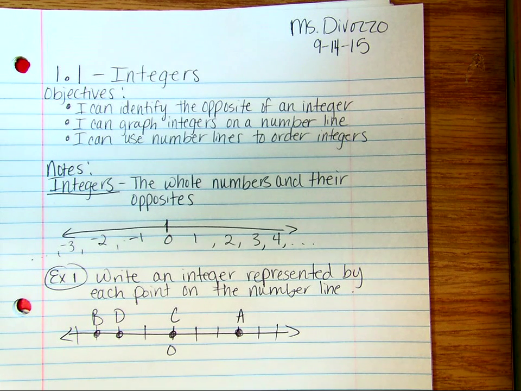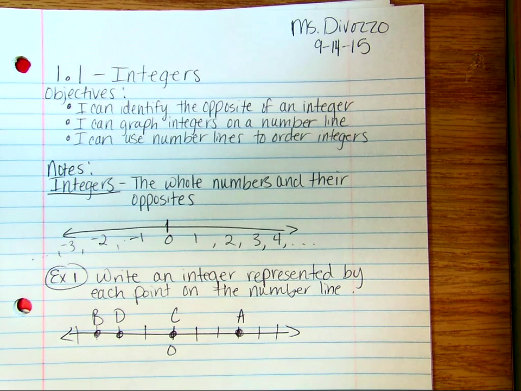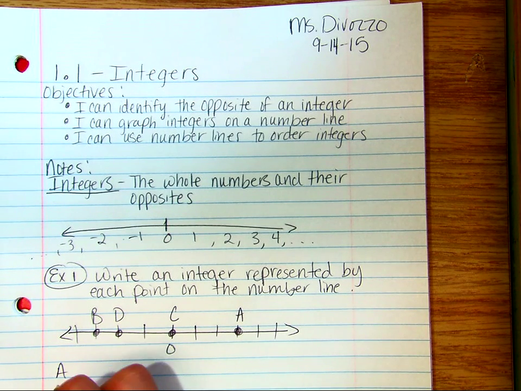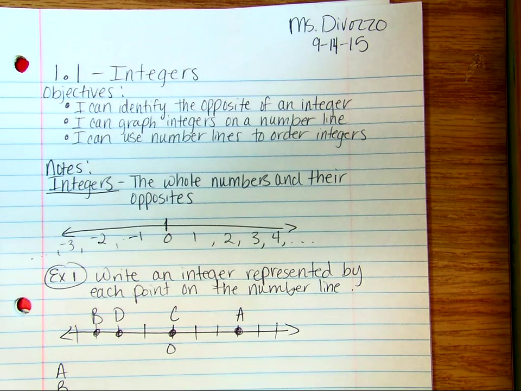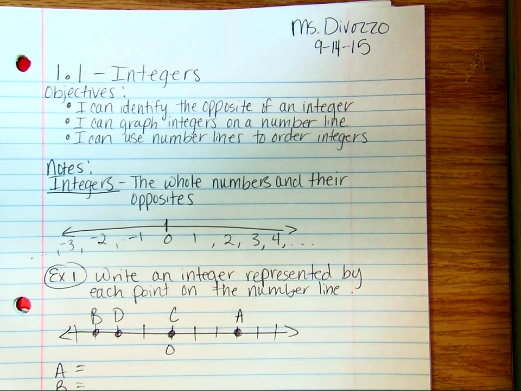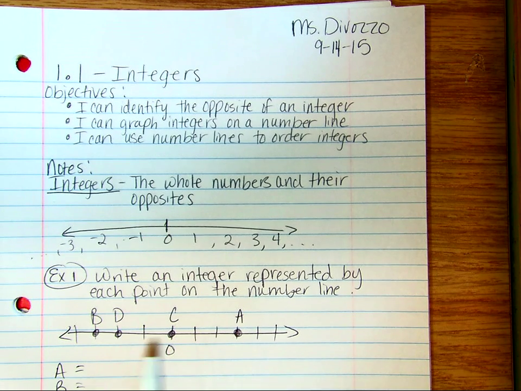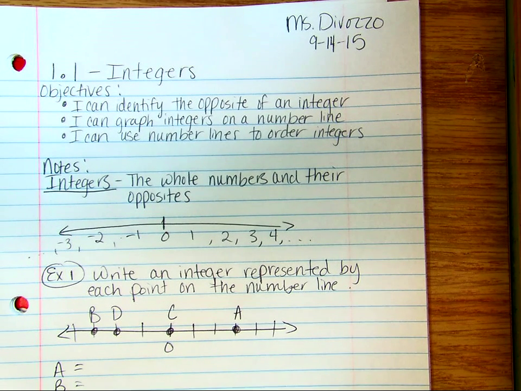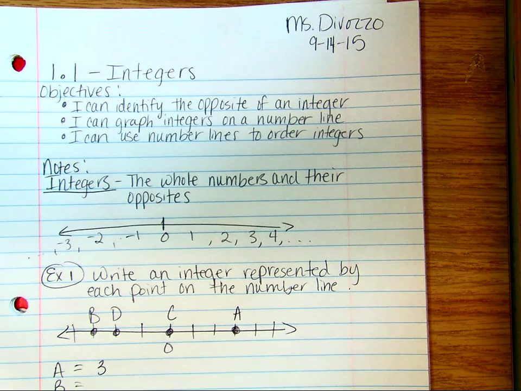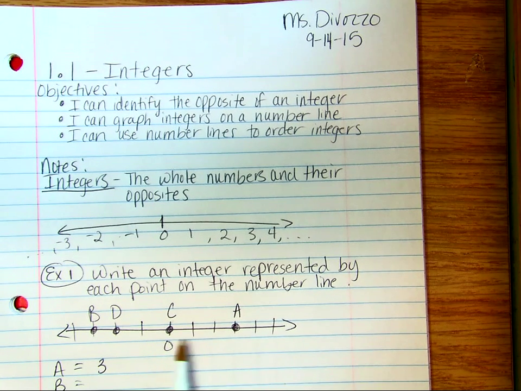Alright, so if I need to identify each of these points, so A, B, C, and D. C definitely looks like it's 0. A, I can count over, assuming these slash marks each represent one whole number, so we're counting by ones. A must be 1, 2, 3. So A is 3. When we go towards the right on the number line, that goes in the positive direction, so we count forward.